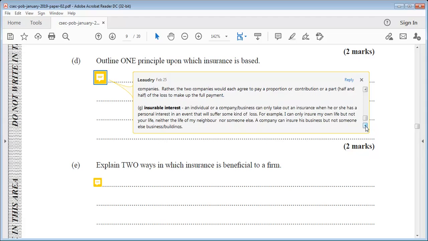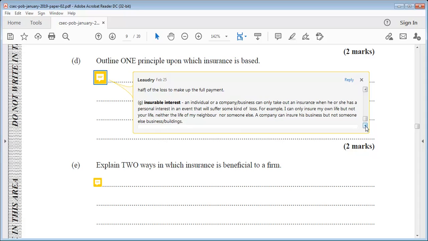What about insurable interest? Well, an individual or a company can only take out insurance when he or she has a personal interest in an event that will suffer some kind of loss. For example, you can only insure your own life.